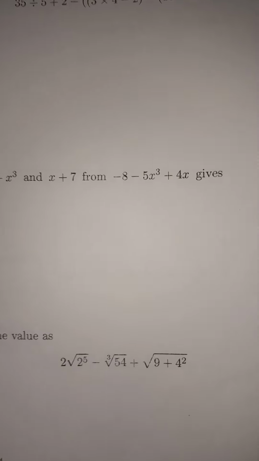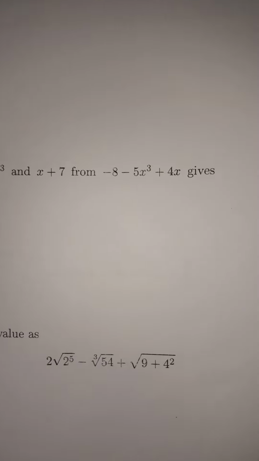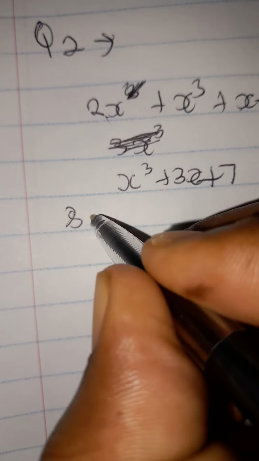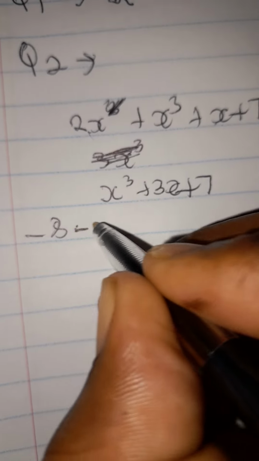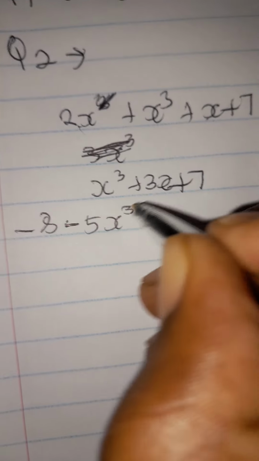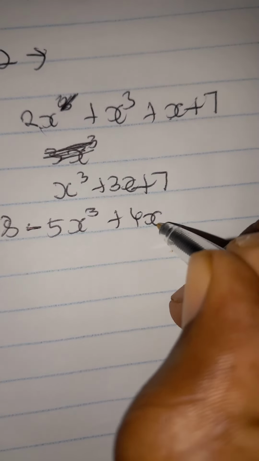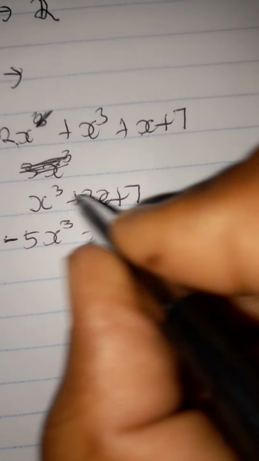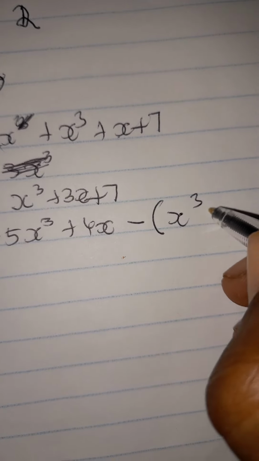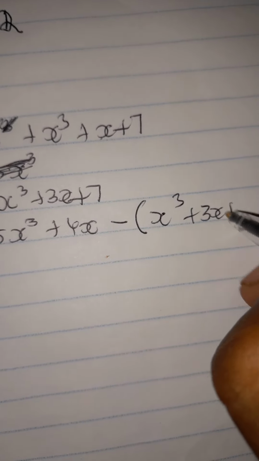Then they said, subtract this from negative 8 minus 5x cubed plus 4x. So we are going to say negative 8 minus 5x cubed plus 4x, subtracted with this expression, x cubed plus 3x plus 7.